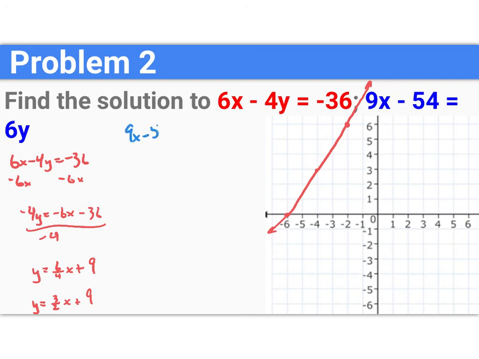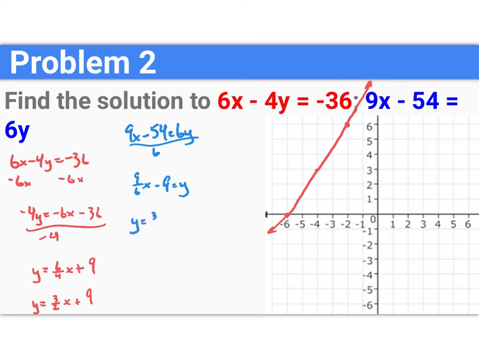9x minus 54 equals 6y. So if I divide everything by 6, I get 9 over 6 x minus 54 divided by 6 is 9. If I reduce this fraction by dividing by 3, I get 3 over 2.